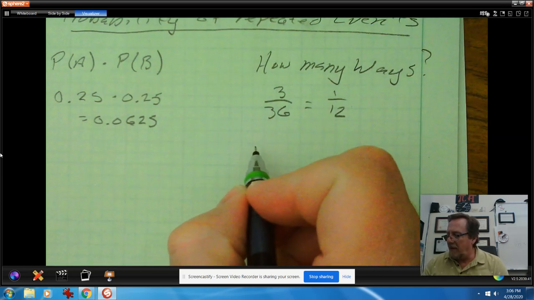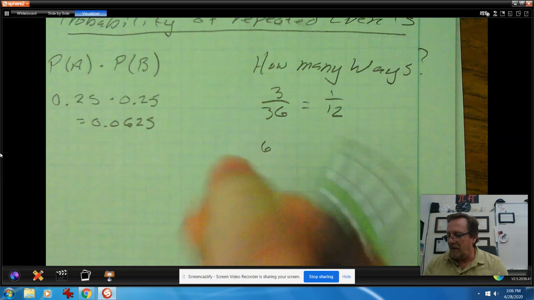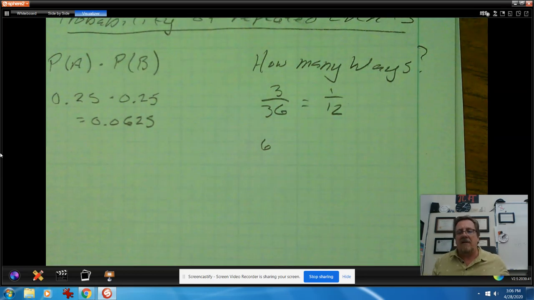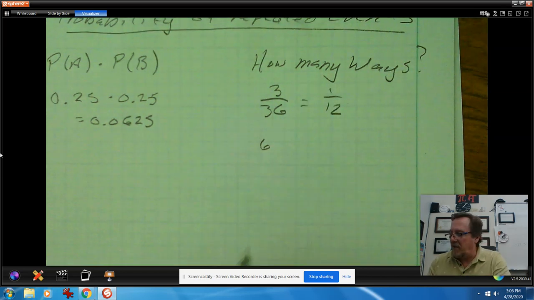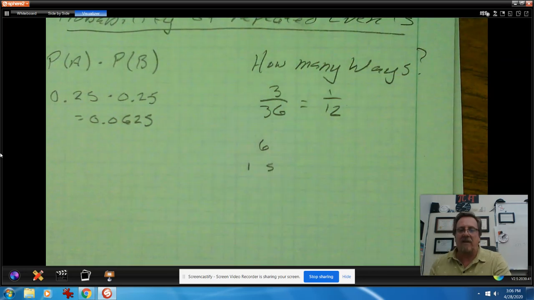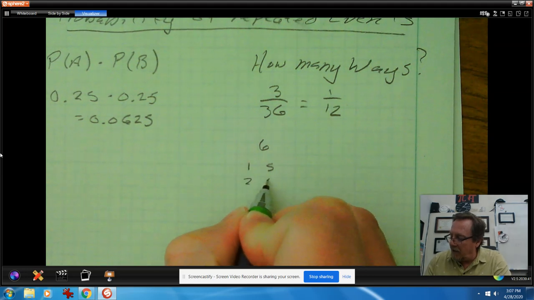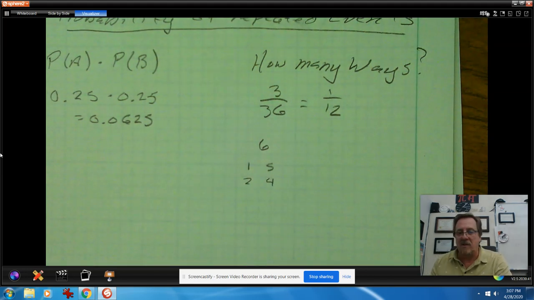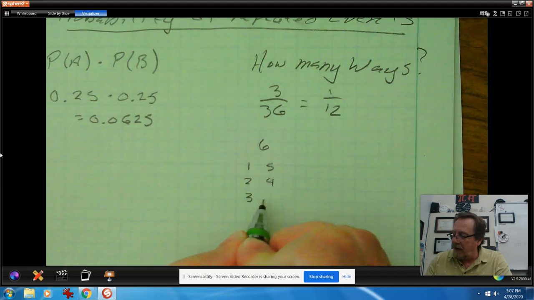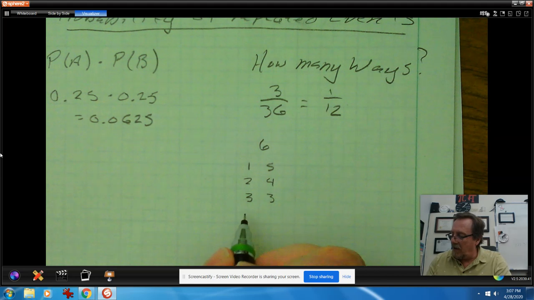Without using the dice, let's just use our brains. What's the probability that I could roll a 6? 6 is my target number, and we have to think about how many ways I can roll a 6. I'll write some down. I could roll a 1 and a 5. I could roll a 2 and a 4. I could roll a 3 and a 3. Or a 4 and a 2.